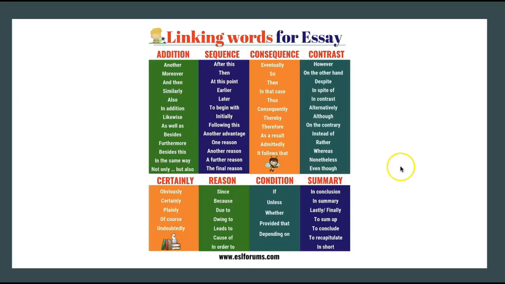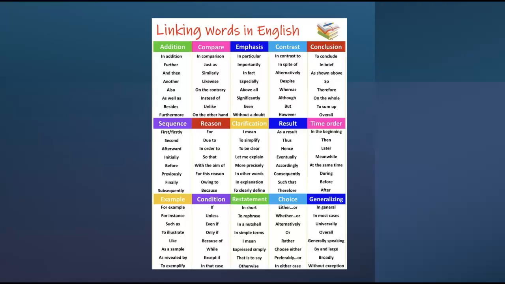Now, very briefly, just with the following 2 slides, I just want to remind you how important it is to use connectives. And connectives aren't all the same. As you can see from the slide here, there's addition, sequence, consequence, contrast, certainty, reason, condition, summary, and in the following slide, again, a whole variety of these, and you can pause that slide and look at them.